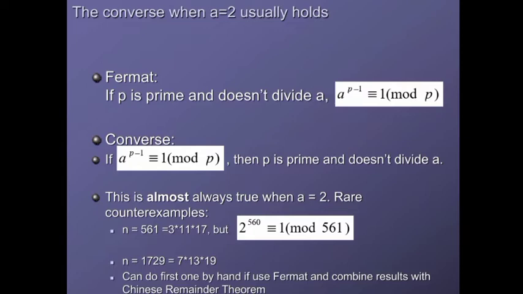Rare counterexamples: n equals 561, which is 3 times 11 times 17, but 2 raised to the power of 560 is congruent to 1 mod 561. And n equals 1729, which is 7 times 13 times 19.